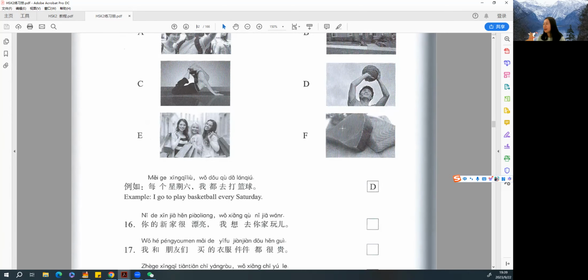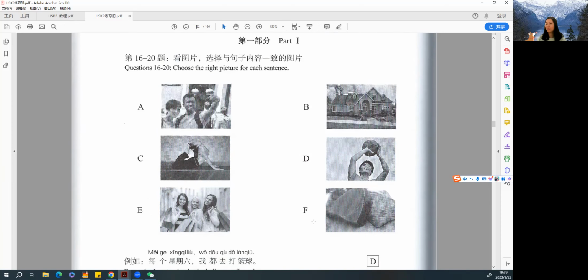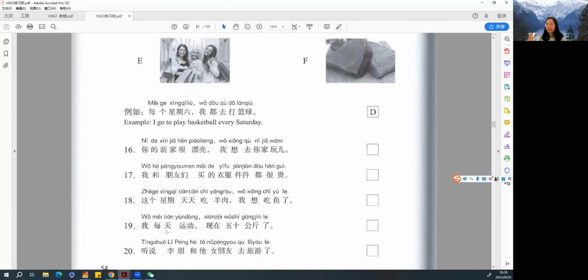The picture, sorry, my ebook is black and white, so maybe it's not very clear to see the picture. And then here 这个星期天天吃羊肉，我想吃鱼了。Yeah, something about meat, so only picture F is matched. 我每天运动 which means I do sport every day.